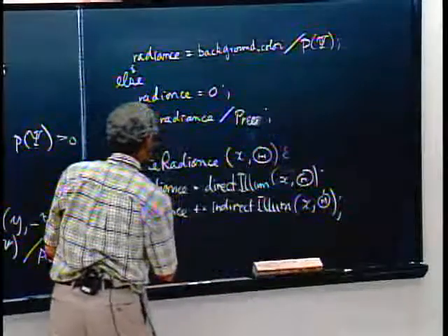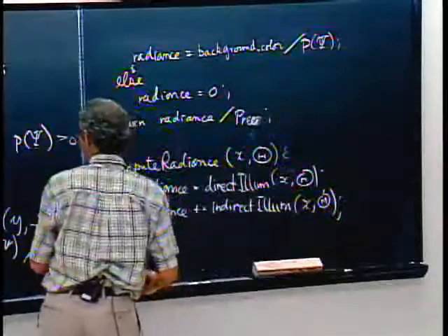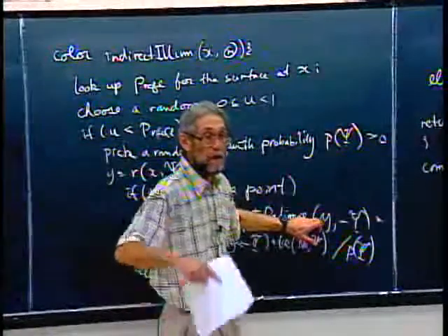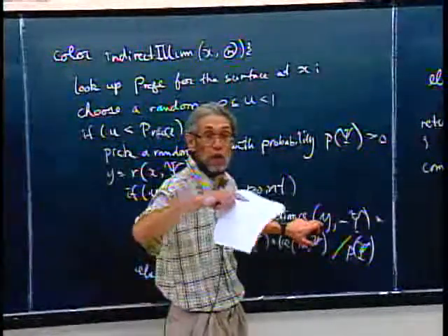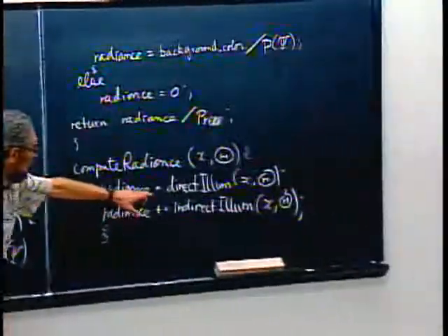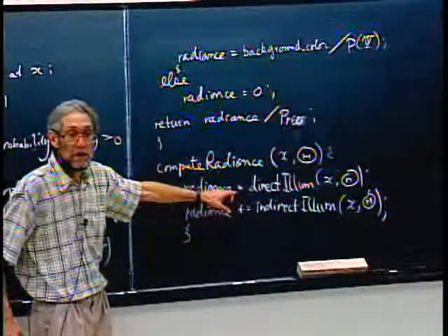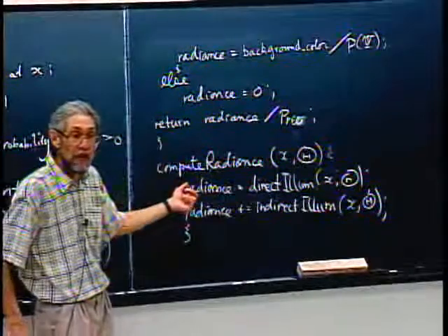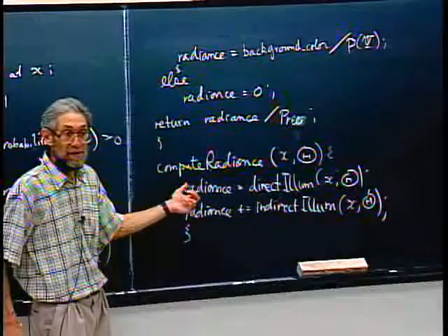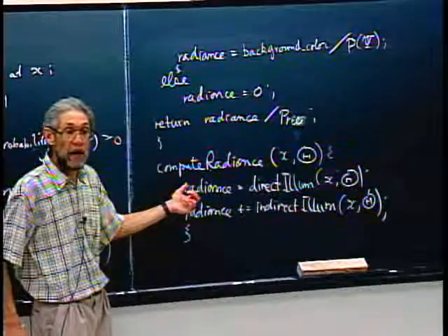Right, so in this call here, this is now at the point y, going in the direction minus psi, and it's calling the same function again inside this call, but it's also adding on the direct illumination. Now the mistake in the book is they also added on the LE at this point y.